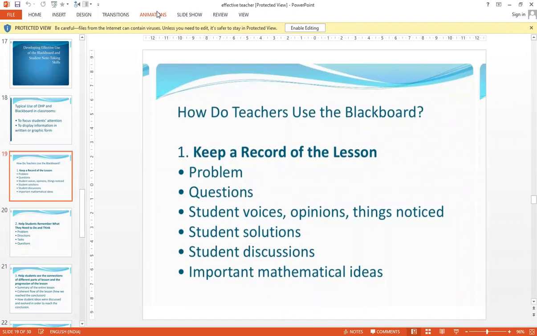So we make use of the board for recording about a particular lesson, for writing up the topic. Board can be also used for solving problems.